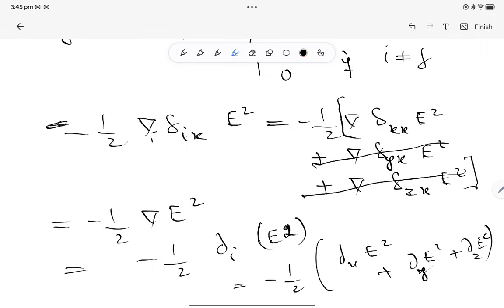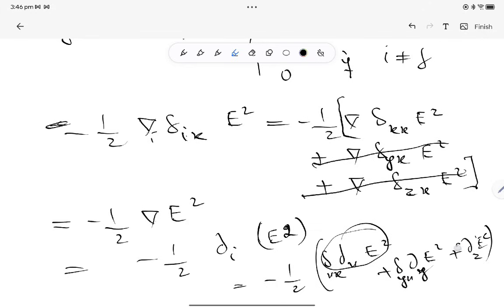And out of these only this term will survive. These two terms will vanish because the delta that you have here is delta yx, zx. You can take delta out because after all it's a number. So delta here will be xx. Here it will be yx.